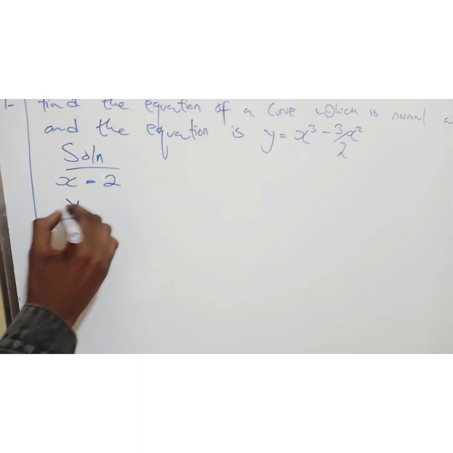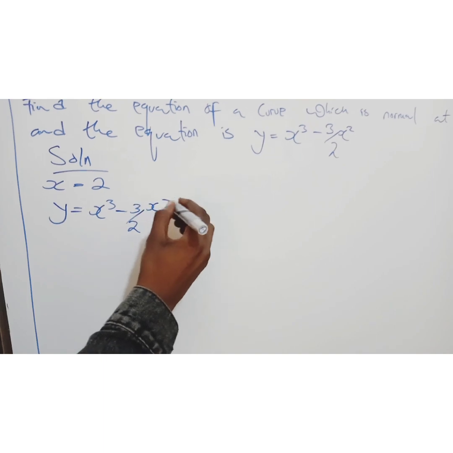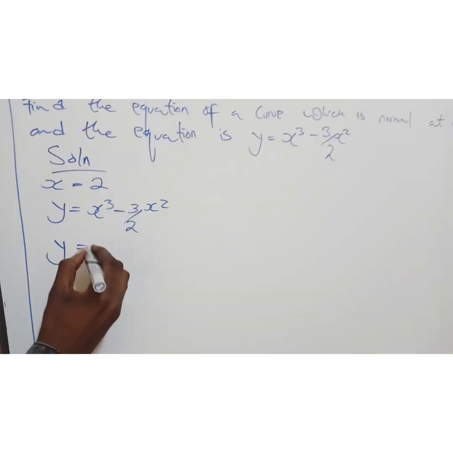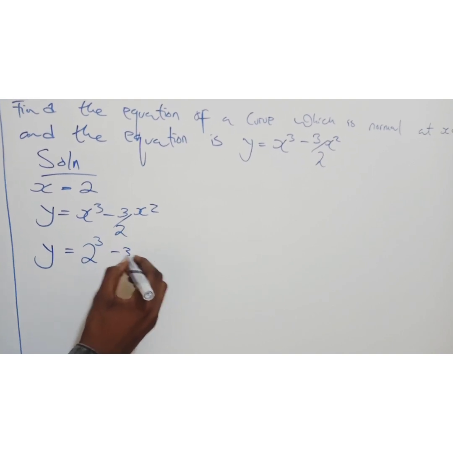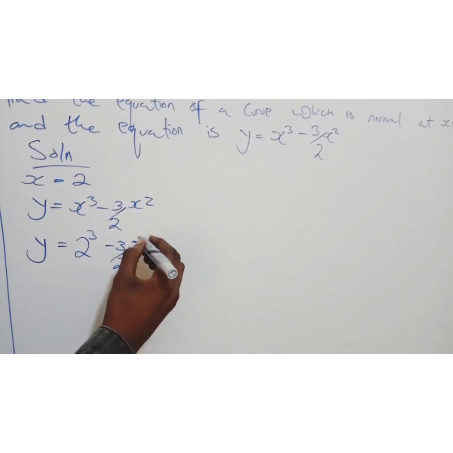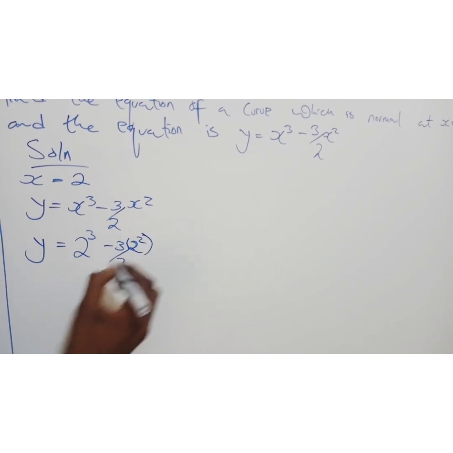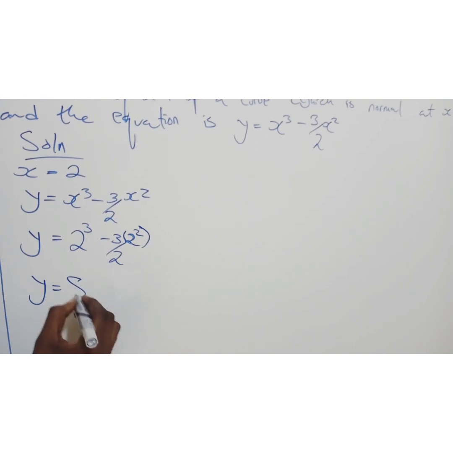So let's write our equation. y is equals to, our x has been given as 2, so 2 to the power 3 minus 3 over 2, then we write 2 squared in brackets. So y is equals to 2 to the power 3 is 8.